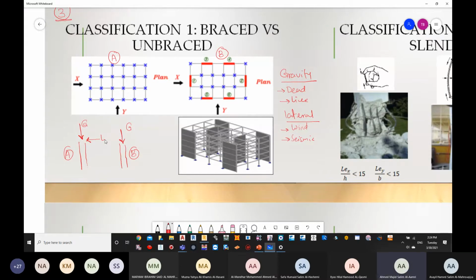Now the lift is structurally called a core wall, as we have seen in the drawings and plans earlier. So the core wall is going to be present whenever you go higher in terms of height, and whenever you go higher, the effect of wind and seismic is going to be more.